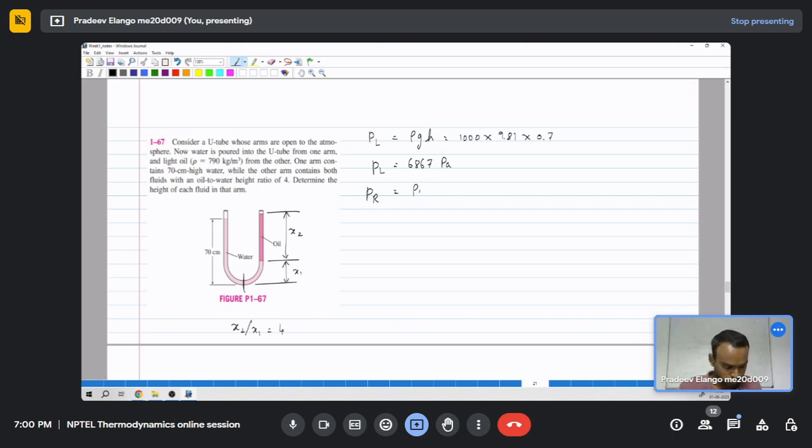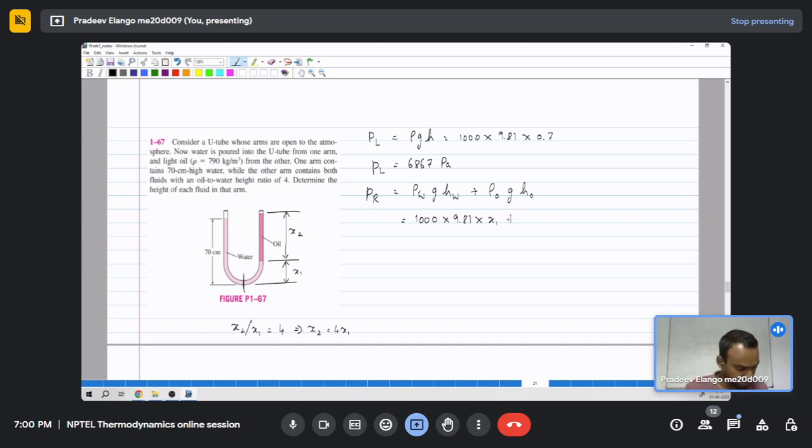Similarly, writing the pressure on the right limb, we have rho of water, G, height of water, plus rho of oil, acceleration due to gravity, into height of oil. So that is 1000 into 9.81 into the height of the water column x1, and I can also write x2 as 4 of x1.